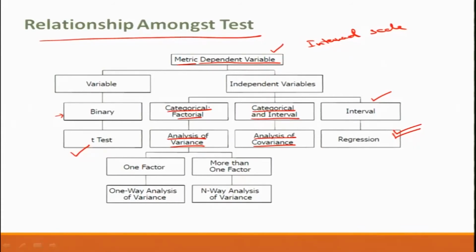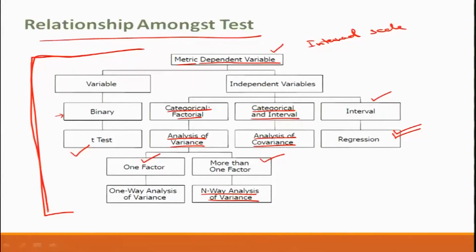So if we have only one factor, we call it a one-way ANOVA. If we have more than one factor, we call it n-way ANOVA. So please keep this in mind, which test or which technique is applied in which situation.